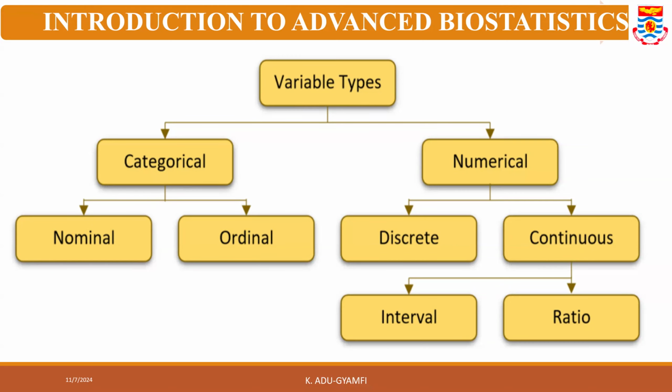As we move down further, those data that are collected in that perspective, the variables can also be seen as an interval or ratio. When it is an interval, it means that whenever we say 0, the 0 does not mean that there's nothing there. It does have something there.